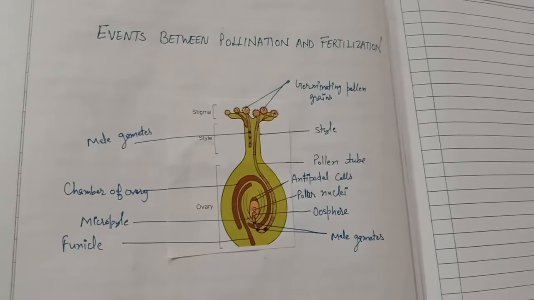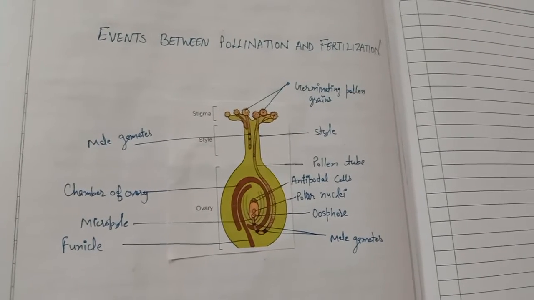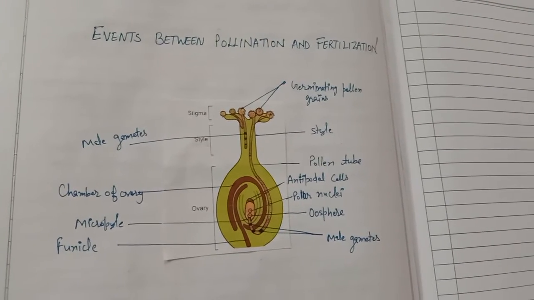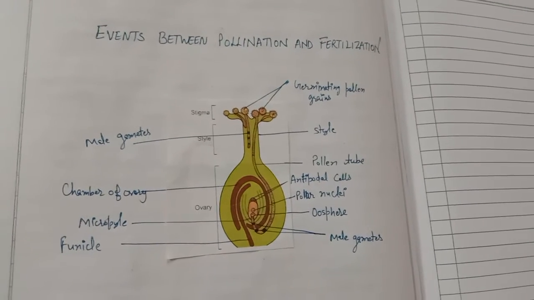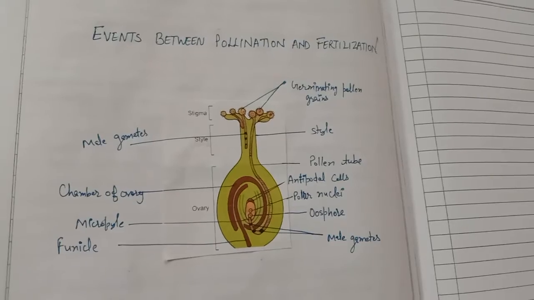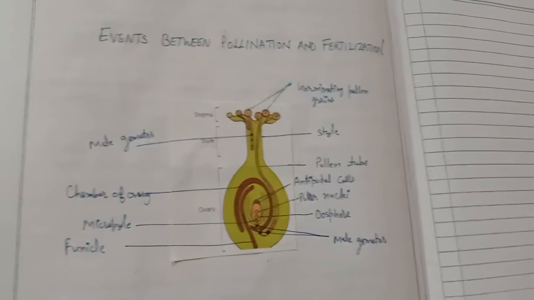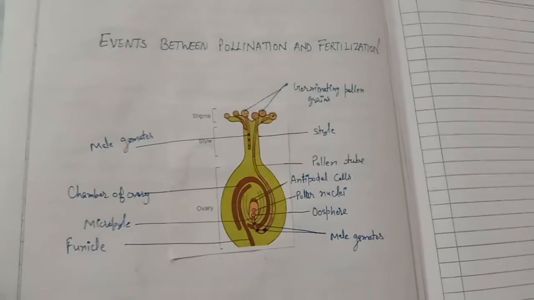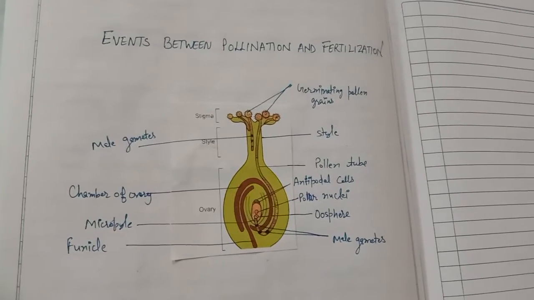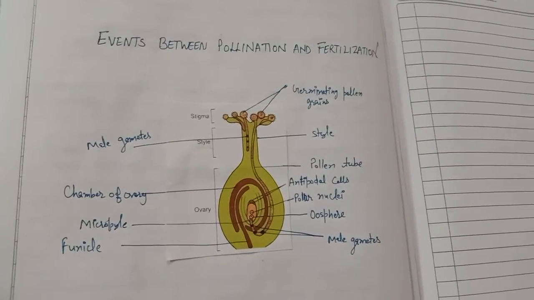This is true fertilization, where one male gamete fuses with the one egg cell. The second is vegetative fertilization.